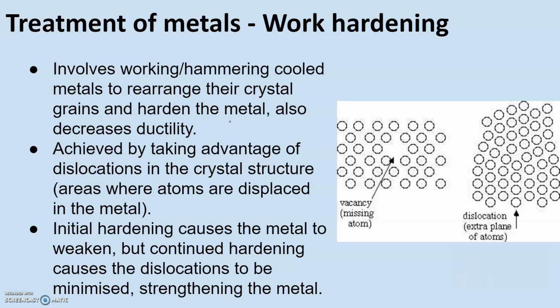Heat treatment. Sorry, treatment of metals. One is called work hardening. What does work mean? What does it mean to work? To do something, right? What does hardening mean? If I say harden up, what do I mean? Stronger, right?